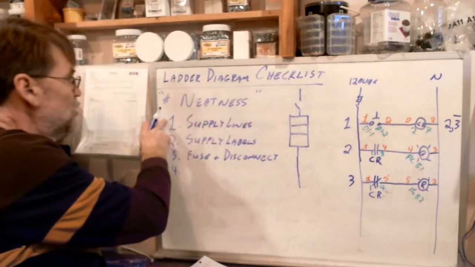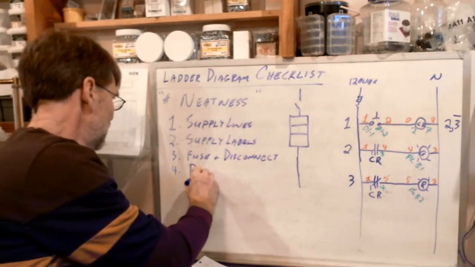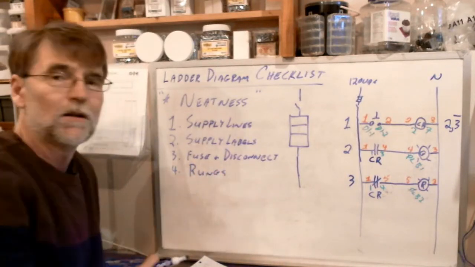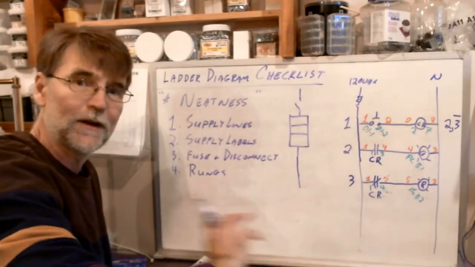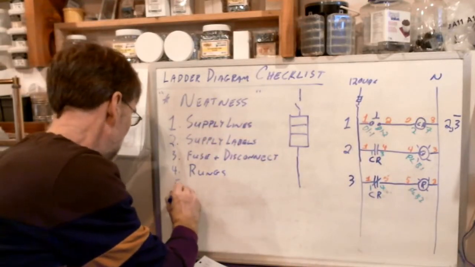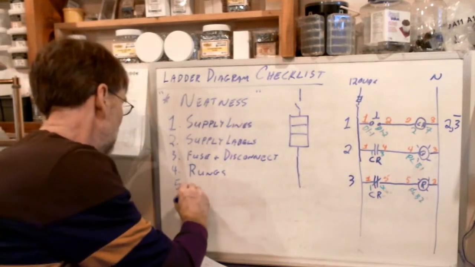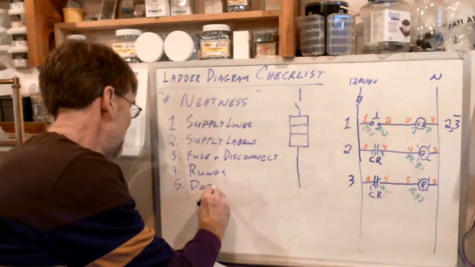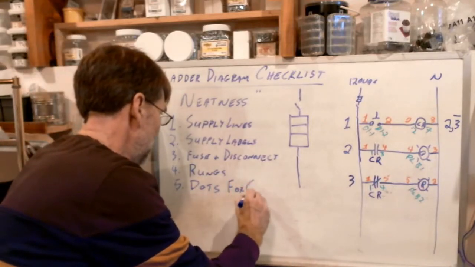Next one is kind of like showing the supply lines, almost goes without saying, but you need your rungs. Okay, this is the bulk of your diagram, the body of your diagram, each rung, each part of the circuit, what's happening. 5, and I haven't shown this yet, so this is why my checklist is important. Dots for connections.